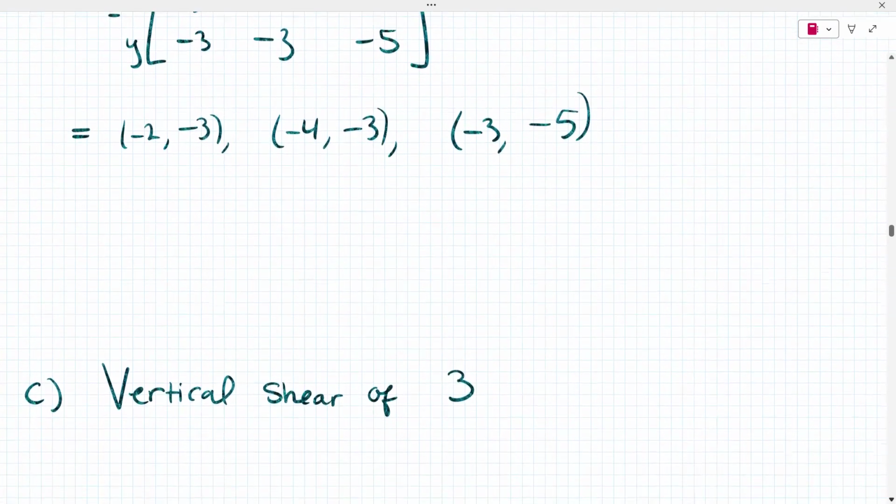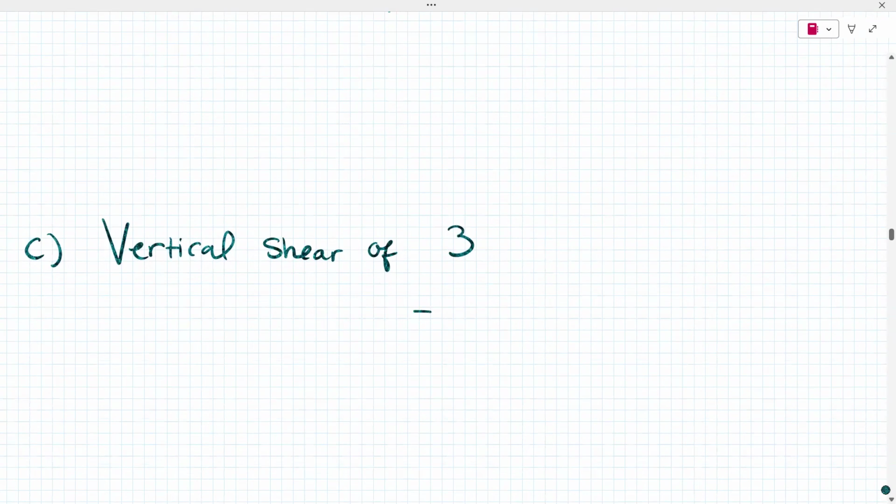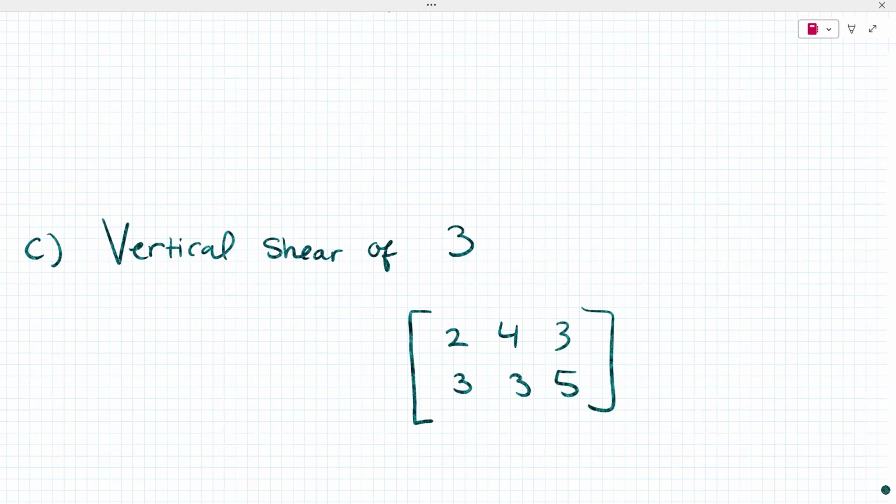Okay, what about the vertical shear of 3? Start with your original matrix: 2, 3, 4, 3, 3, 5. The rule for vertical shear of 3 is the matrix 1, 0, 3, 1.